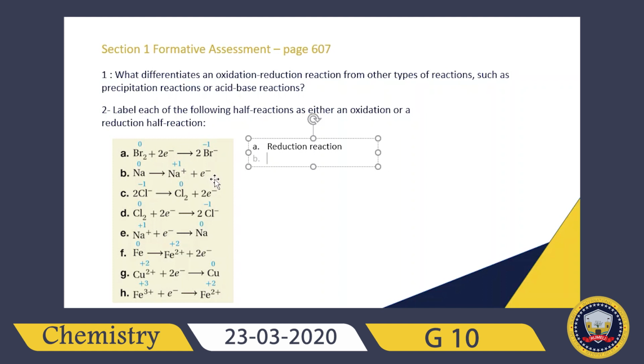Yes, this reaction is oxidation reaction, because as we said, oxidation reactions involve an increase in the oxidation number, and here the atom will lose a number of electrons. So the answer will be oxidation reaction.